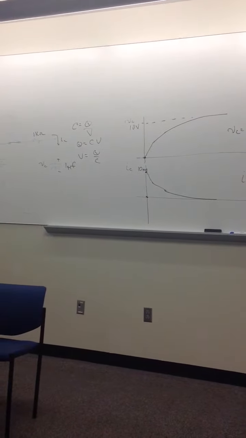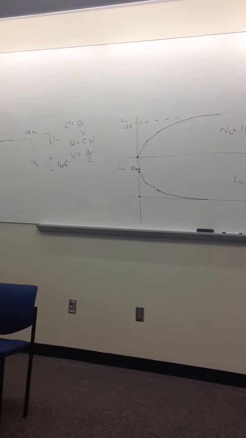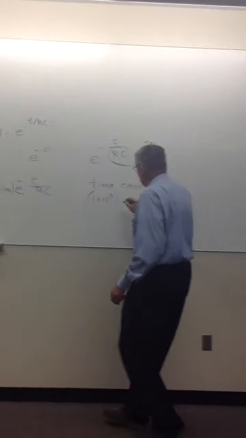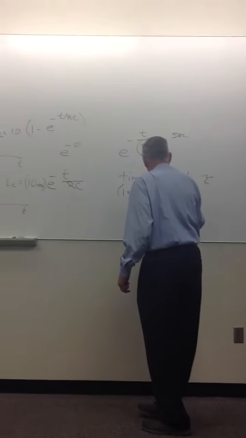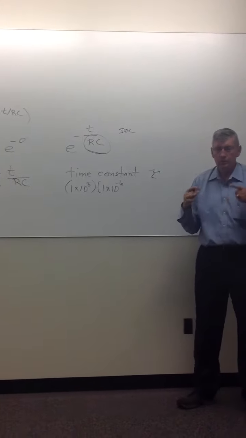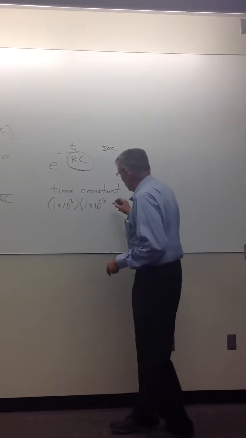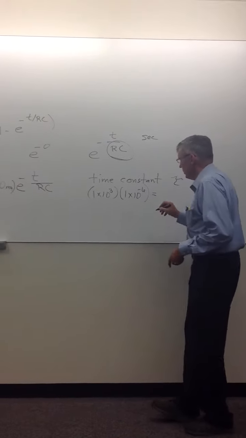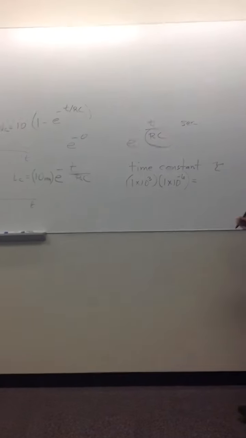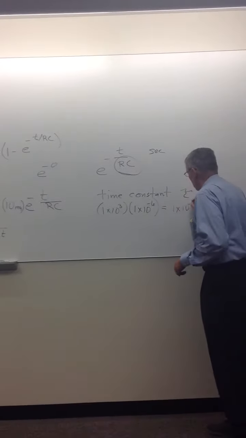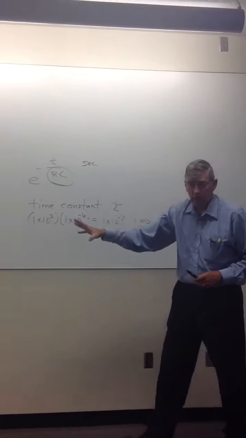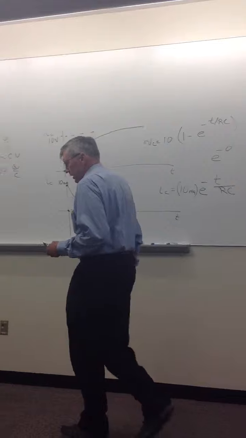Micro is 10 to what? 10 to the negative 6. Some people last class said 10 to the minus 3, but 10 to the minus 3 is milli. So micro is this. So what's that evaluate to? 1 millisecond. So our time constant on this circuit is 1 millisecond.